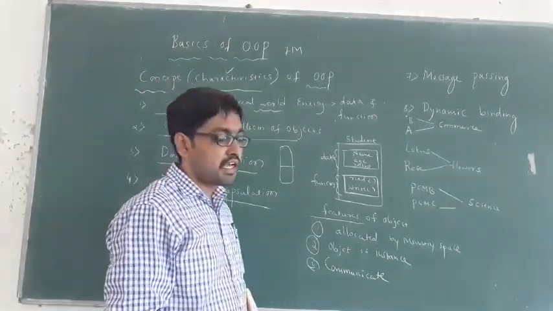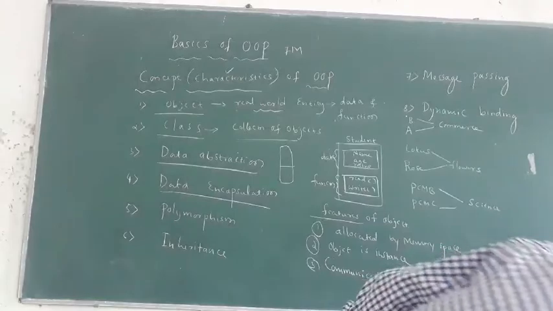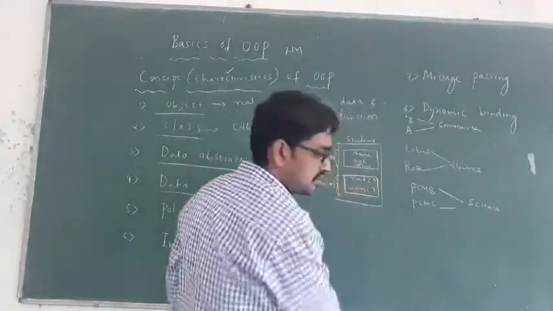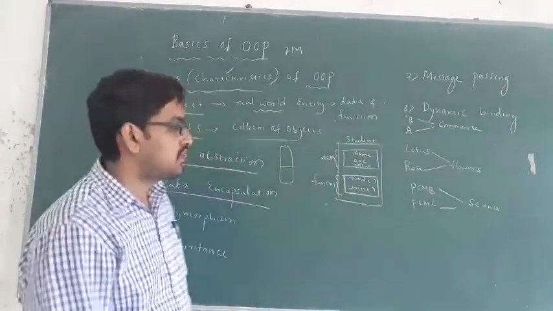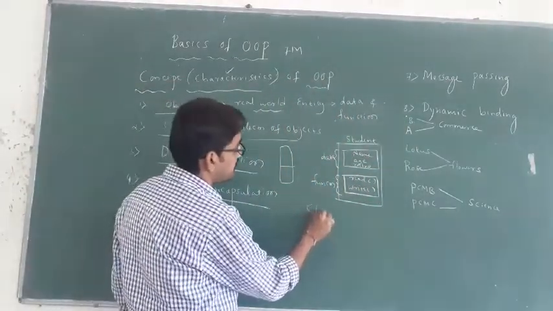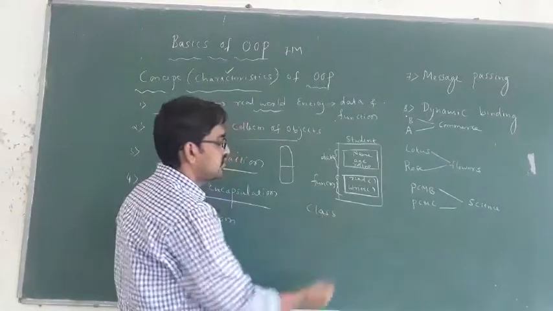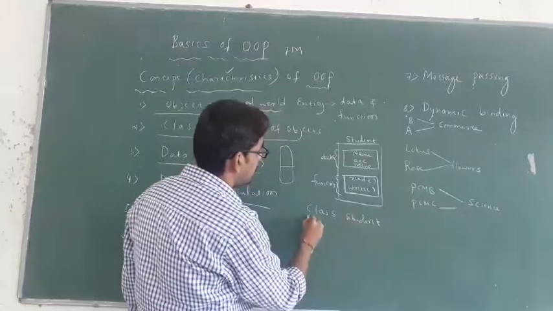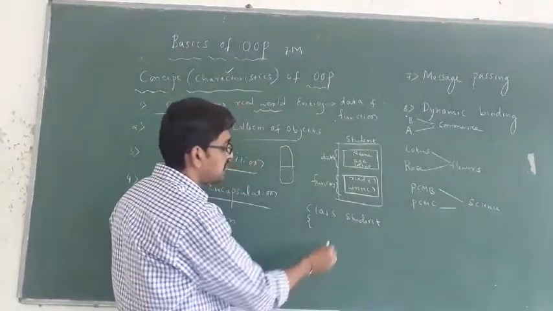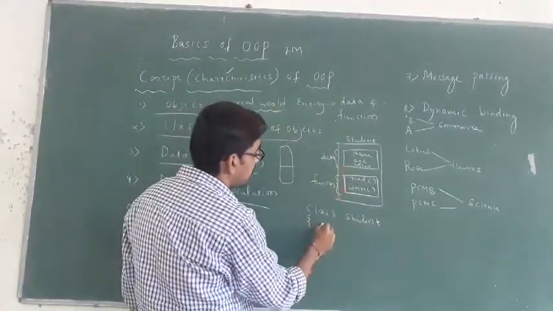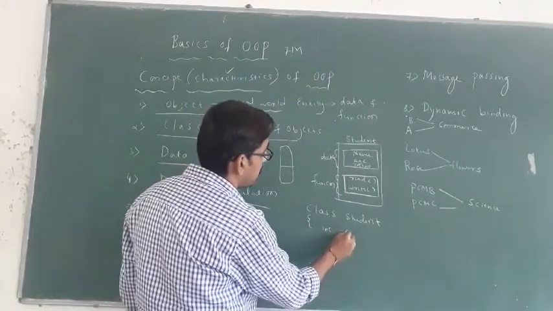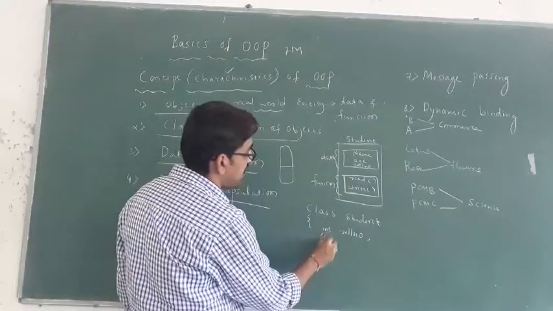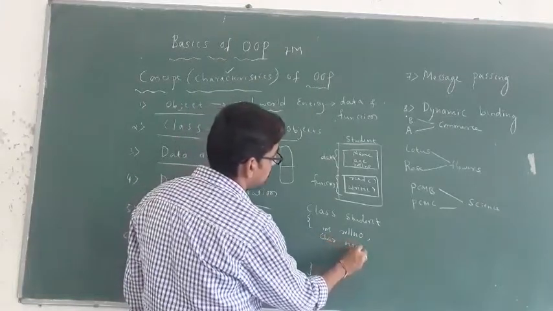For example, I am writing one class, student. In the class I am writing data members: int roll number, then char name.